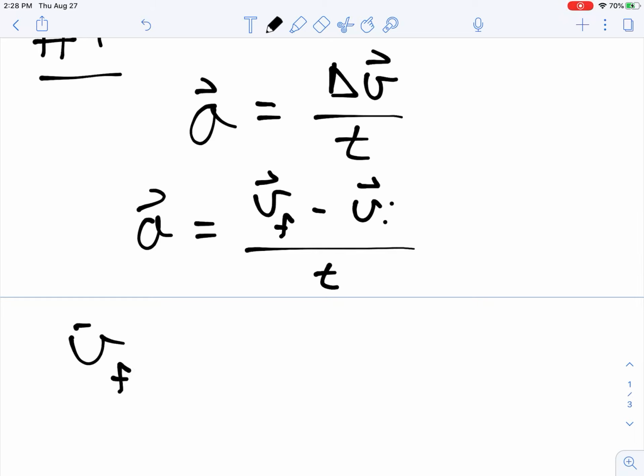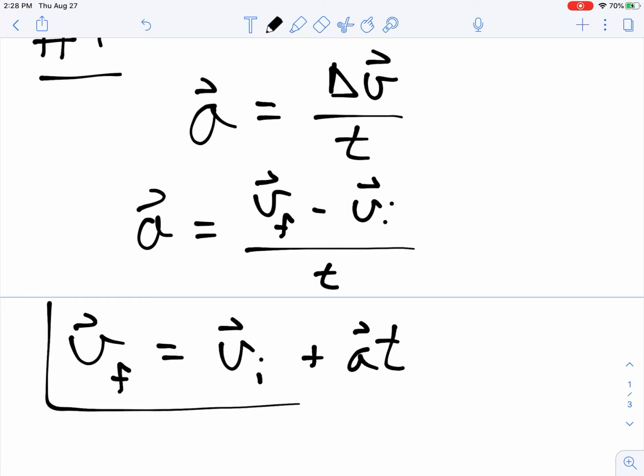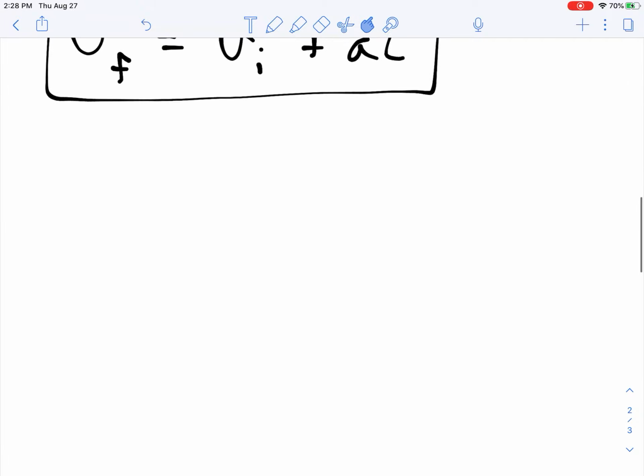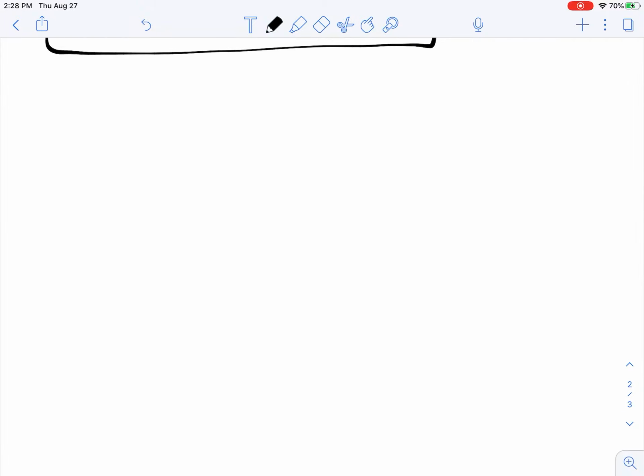So that means that the final velocity could be said to equal the initial velocity plus the acceleration times the time. I just solved that equation for final velocity. And we have equation numero 1. Yay!